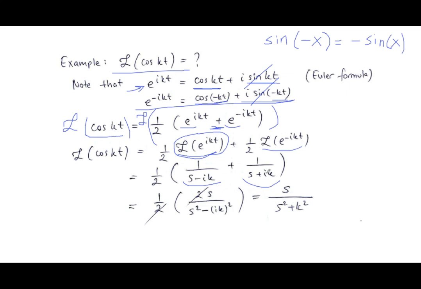One more time, do the algebra to simplify this expression, and you will notice that this is s minus ik times s plus ik. If these two are multiplied, you get s squared minus ik squared. But notice that i squared equals minus 1 by definition of the complex number. Therefore, we just write a minus sign, so that becomes s squared plus k squared. So we obtain the Laplace transform for the cosine function.